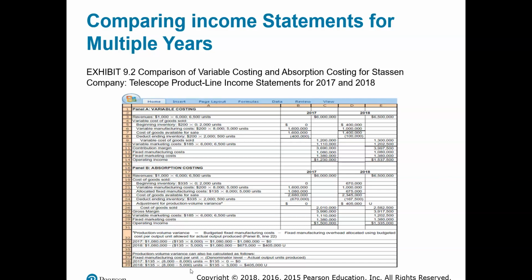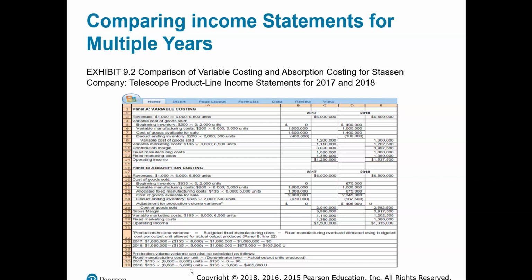So I want to take the difference between what I budgeted to make, my 8,000, because that's what I had planned on allocating on a per unit basis. In that denominator, based on my allocation base, the number of units, I budgeted 8,000 units, and I wanted to spread my fixed costs over 8,000 units. However, I only produced 5,000 units.